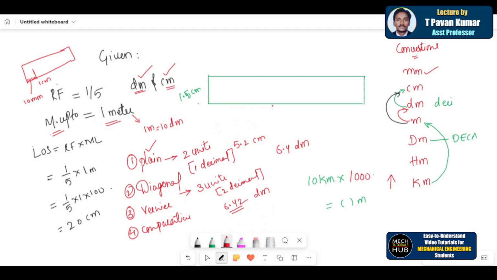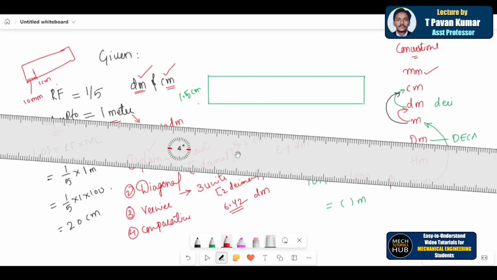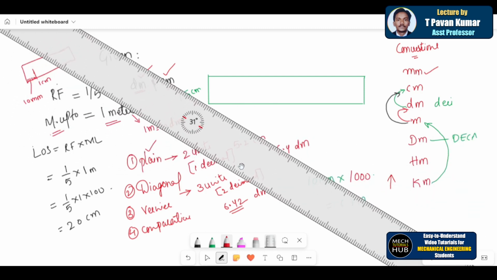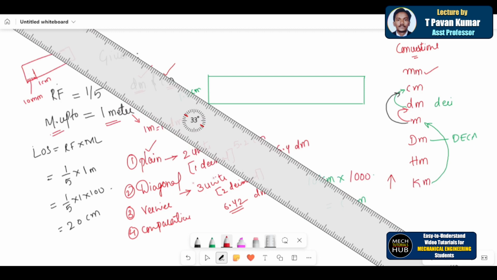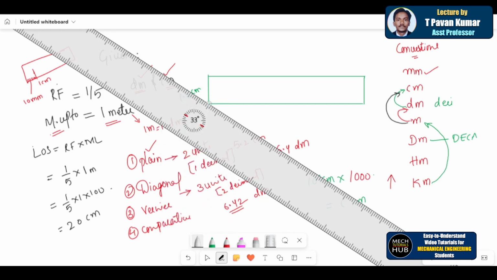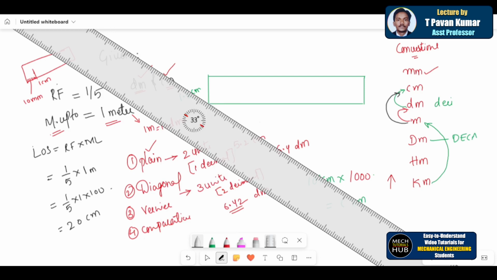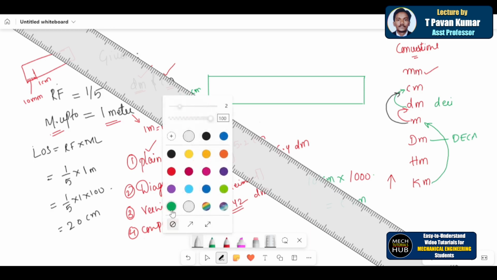I can do it with the help of a compass, or else you have a simple concept like dividing a line into a number of sections. Take any acute angle, then draw, and I'll change the color to somewhat light. With the help of a 2H pencil, draw a line which is not visible. Let me change the color to light yellow.